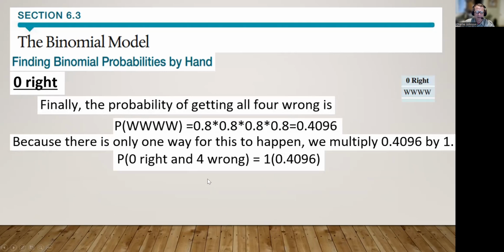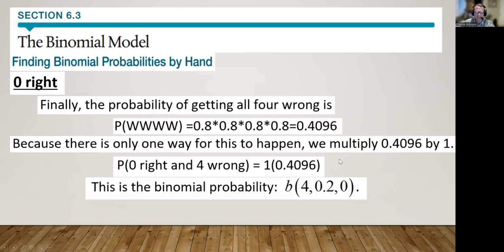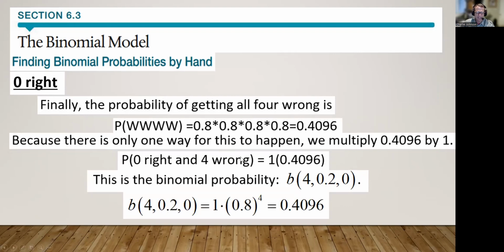So the probability that we would get 0 right and 4 wrong is 0.4096. And this is just the binomial probability of 4 trials, success rate of 0.2, and getting none of them correct. And as we did before, we see the formula is 1 times 0.8 to the 4th power, which is 0.4096.